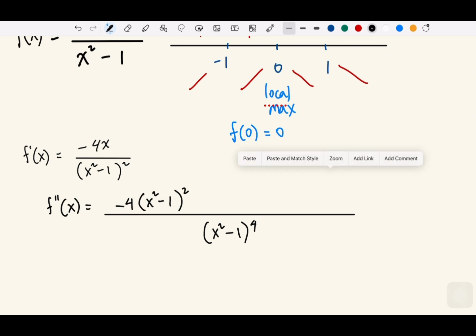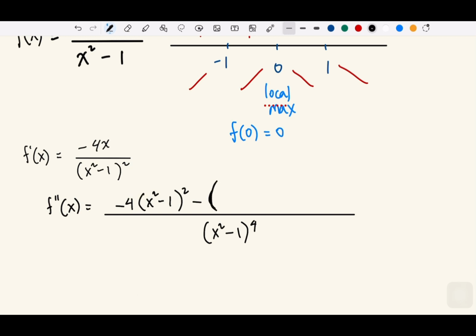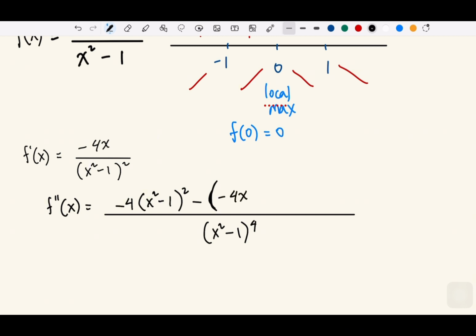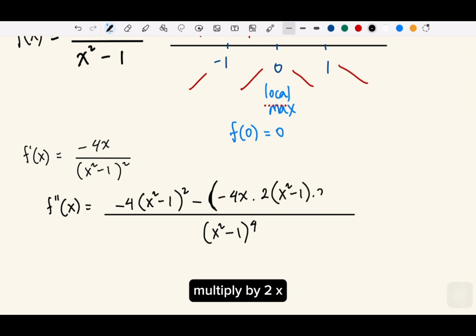And then minus, let me make a bracket to avoid mistakes. So negative 4x, and then multiply with 2 times x squared minus 1 multiplied by 2x.